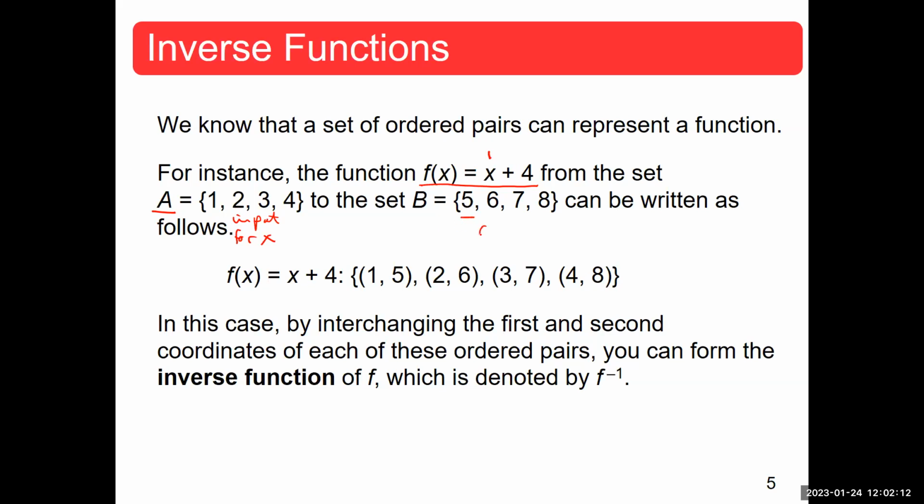So this is the output, or the range. If I put 2, you get 6. If I put 3, I get 7. If I put 4, I get 8. That's normal. So now we get a set of pairs: input, output, input, output.